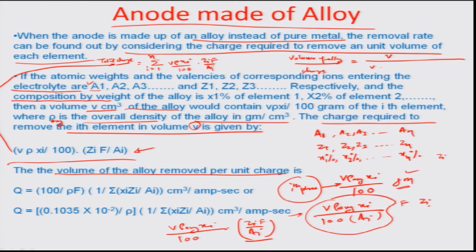So I take out the V, the average density rho, the 100 and also F, and so we are left with I varying between 1 and n, Xi Zi by Ai. The V factor goes out and we are now left with just 100 divided by average density times F times sigma, I varying between 1 to n, Xi Zi by Ai.